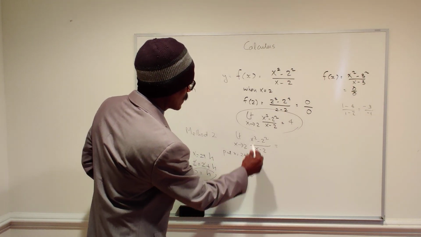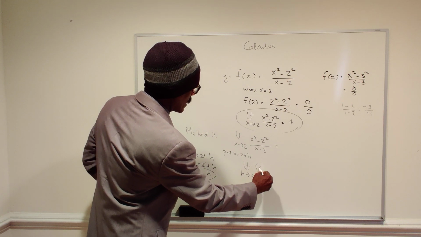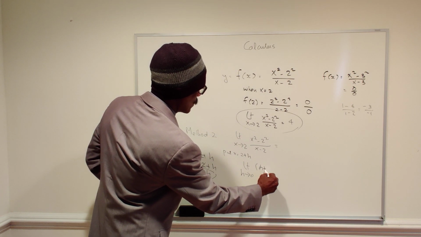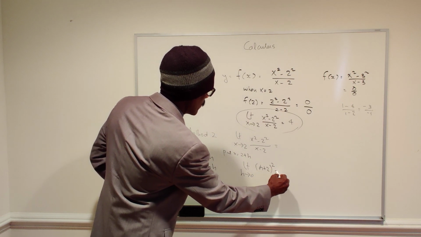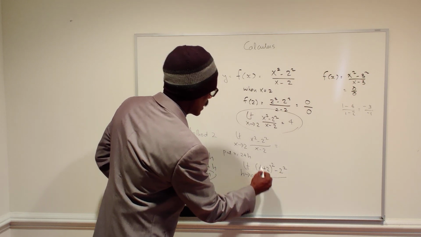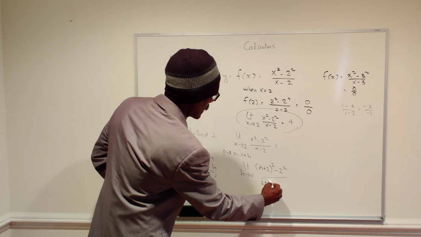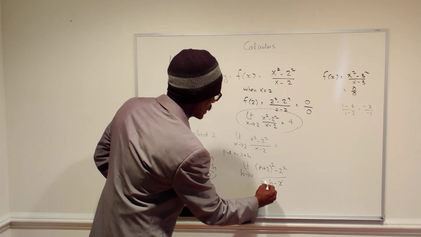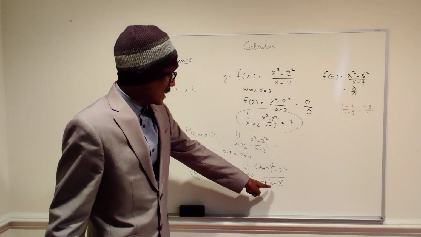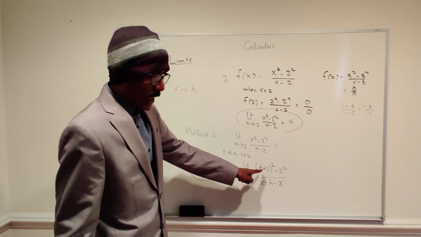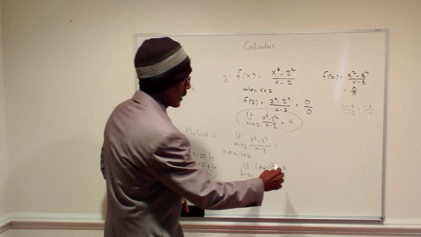So limit h tends to 0, 2 plus h whole square minus 2 square by 2 plus h minus 2. 2 cancel. So h is the denominator. So you need to expand this one.